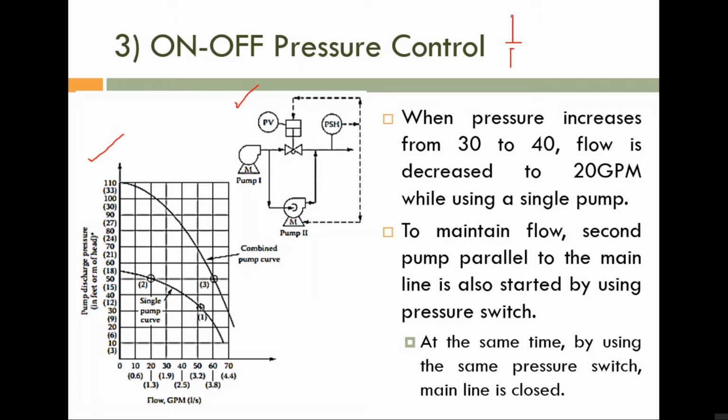It has some static resistance, but forget about that. Assume that it has some dynamic resistance here. Then here it has a load resistance. Is it okay? So this voltage is equivalent to the discharge pressure.